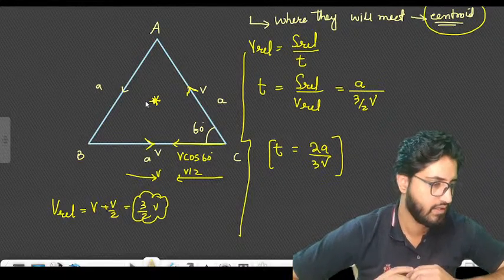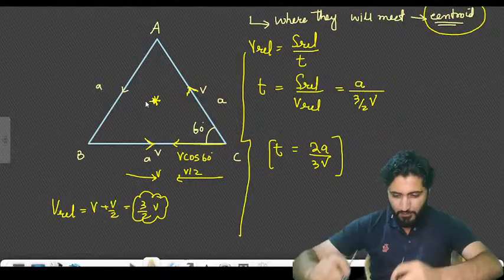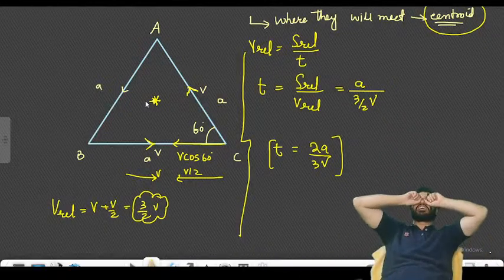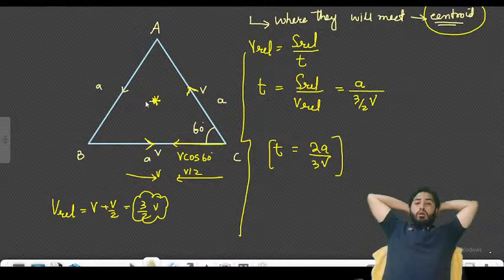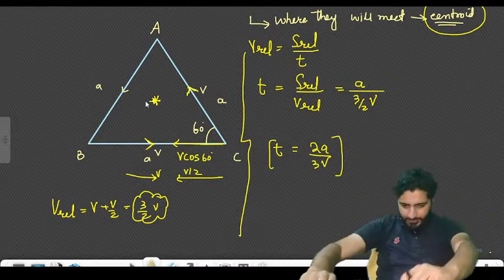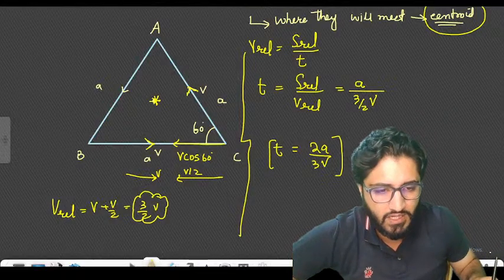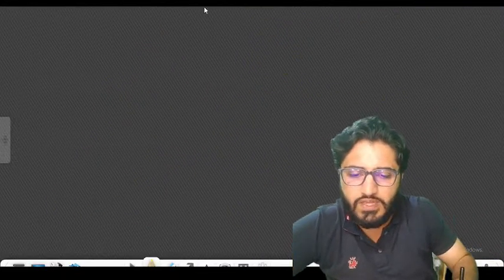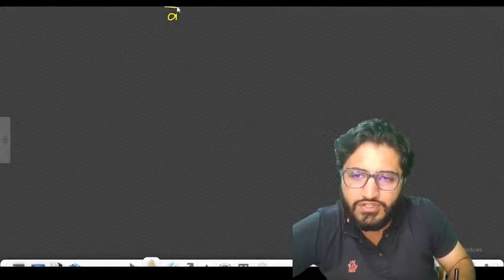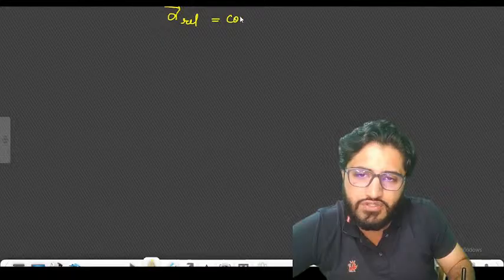Okay. If everything is done up to this particular point, give me 1 minute. Look now, in a relative motion also, if your relative acceleration is constant, then you can use equations of motion here also.